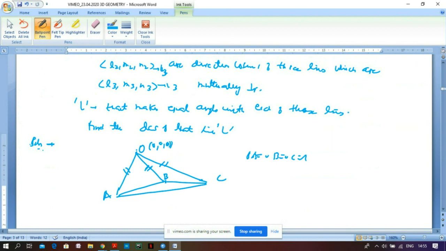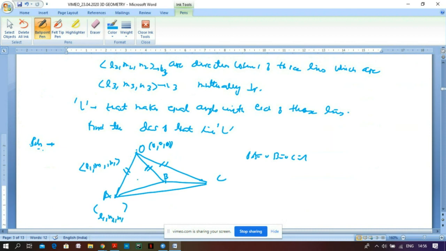Now, if the direction cosines of OA are l1, m1, n1, then my question is, what are the coordinates of A? It turns out that if OA has direction cosines l1, m1, n1, then the coordinates of A themselves are (l1, m1, n1).